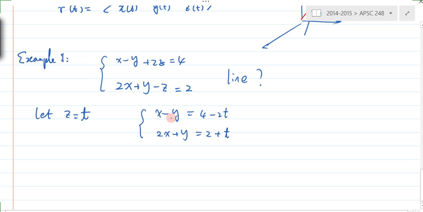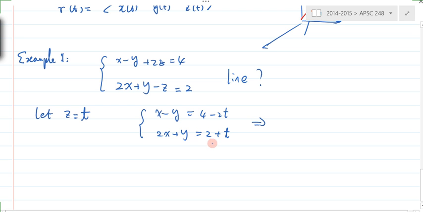The next step is to solve for x and y. You have two equations here. Consider the whole right side a known quantity, so solve for x and y irrespective of what's over there. In terms of this t, you solve for x and y.